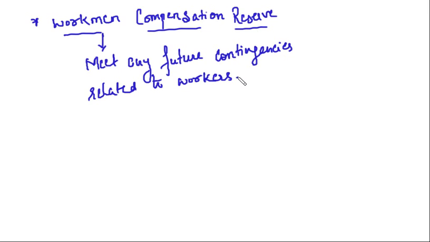For that purpose, we create a workmen compensation reserve, so that if we need to spend on this, we will use this reserve first. If any other amount is required, that will be taken out of profits. So in case of any contingency related to workers, if a worker gets injured during working time, you are liable to meet his expenses, and for this purpose we create the workmen compensation reserve.